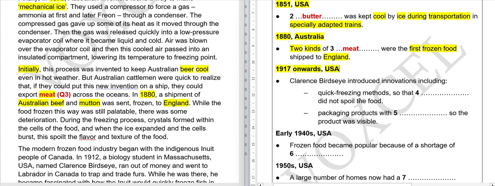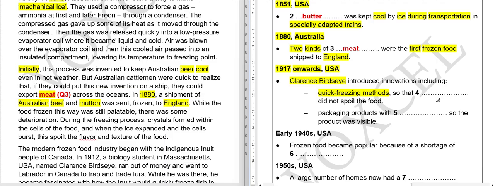1917 onwards USA. So onwards means after 1917. Clarence Birdseye introduced innovations including, so we have to find the name of this person, Clarence Birdseye, quick freezing methods. So he introduced many innovations that included quick freezing methods so that dash did not spoil the food.